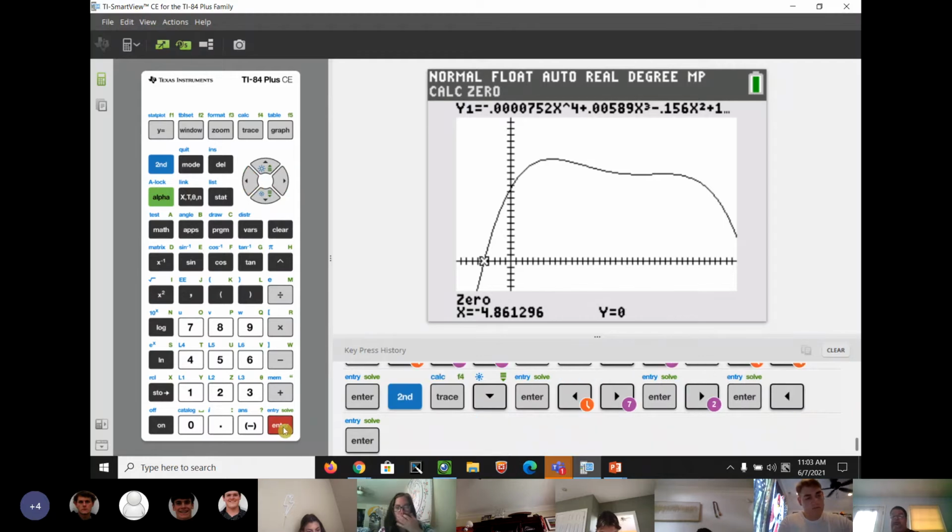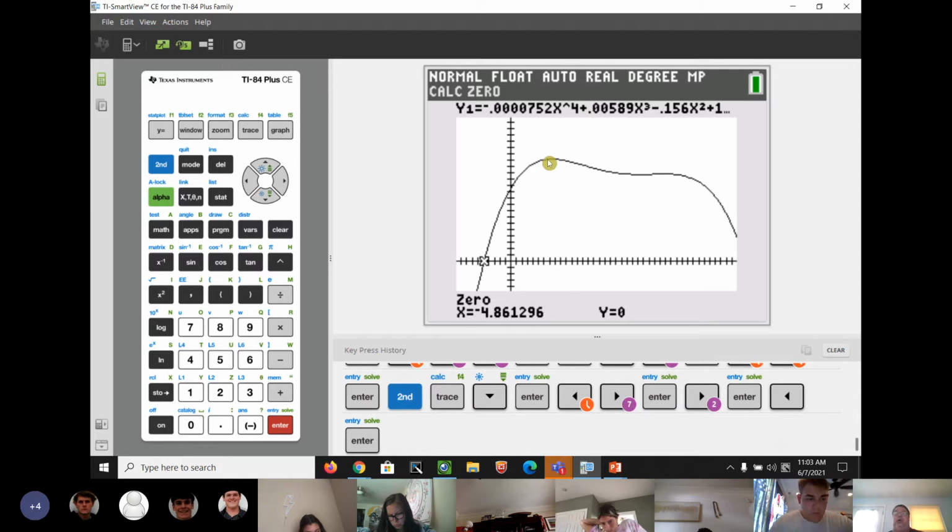So our X-intercept is negative 4.86. Now, of course, you need to read the directions, and you might want to write that whole number down because they may want you to round to the 4th place or the 5th place or whatever.